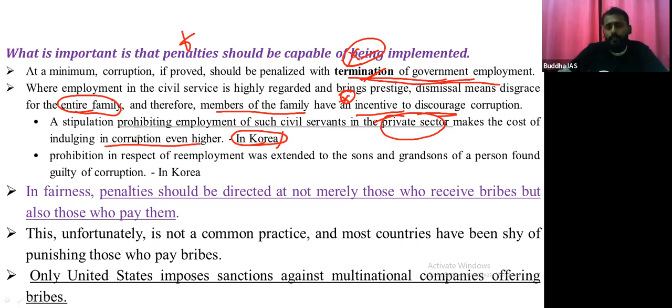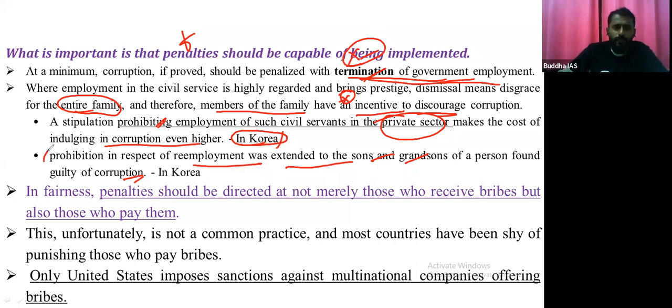So here they are saying that if a person is found guilty, say for example a constable, an IAS officer, an IPS officer, they should be prohibited from employment in private organizations also. And prohibition in respect of re-employment was extended to sons and grandsons of a person found guilty of corruption.